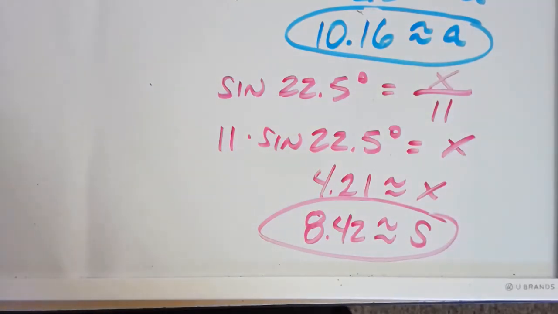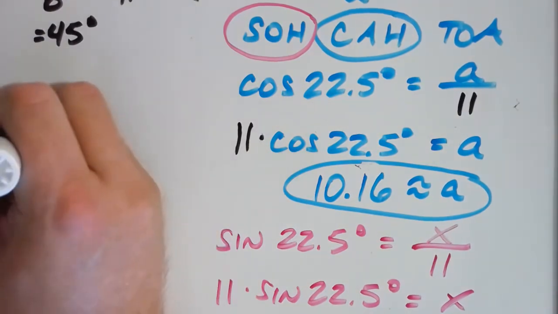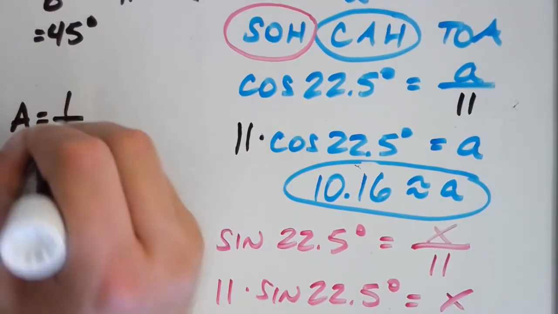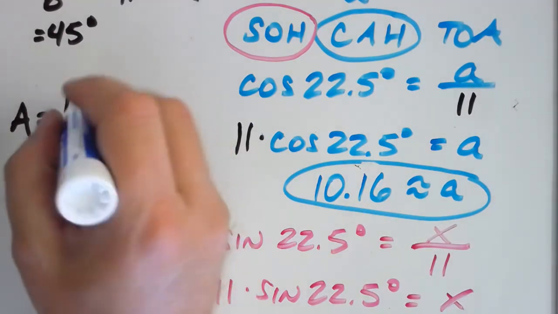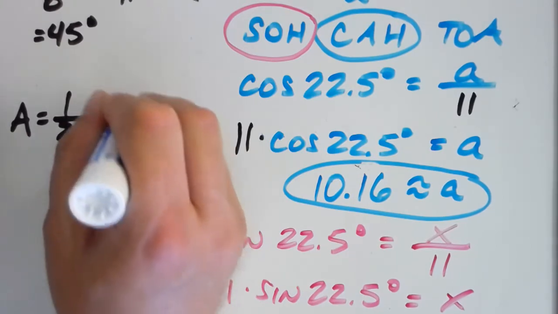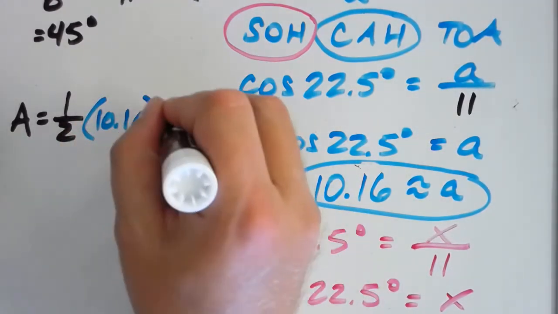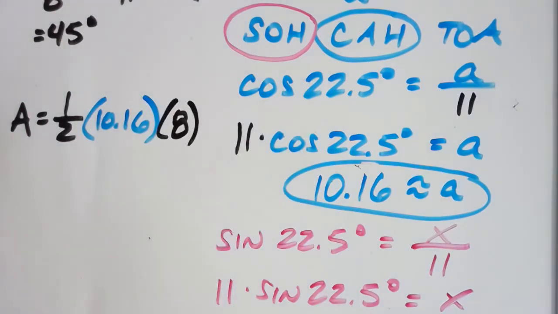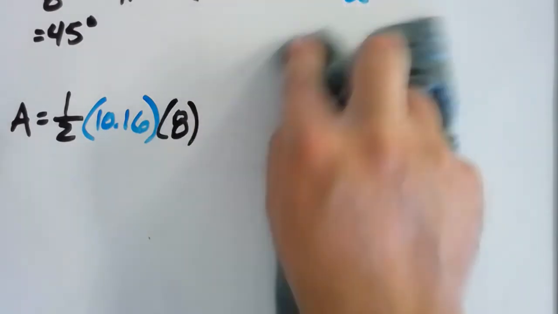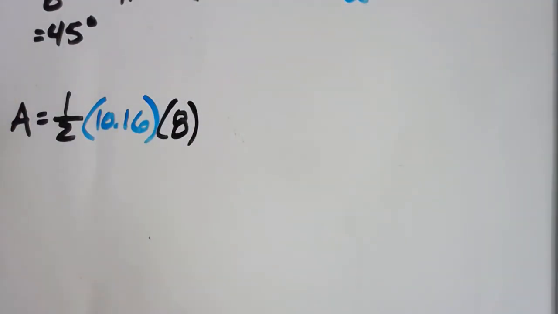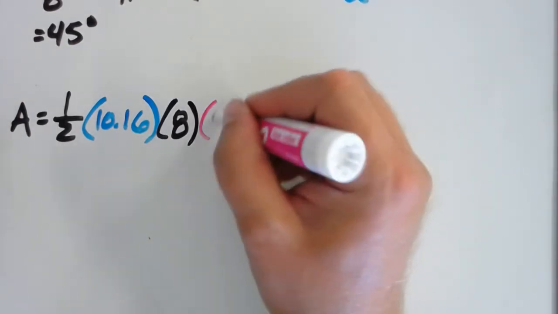So for the area formula now, I'm just plugging in these values. Area will end up being 1/2 times a, which was 10.16, times n, the number of sides of an octagon, which is 8. Let me erase a little bit of space here. And then s was that 4.21 times 2, or 8.42.